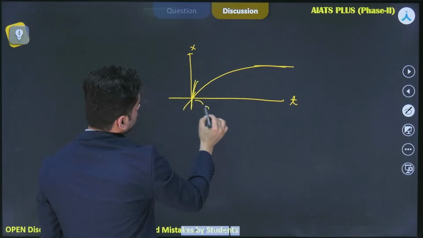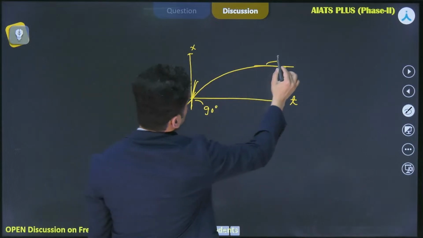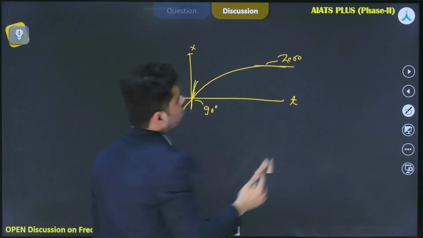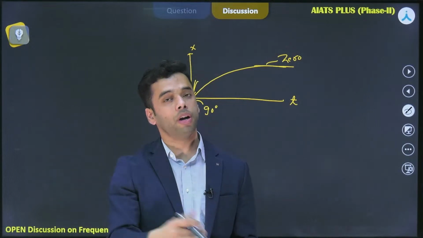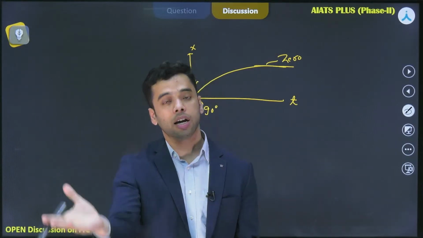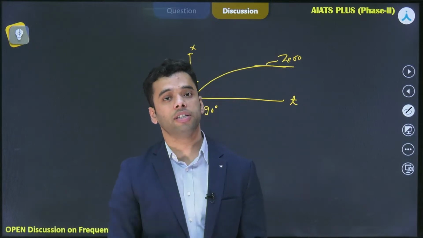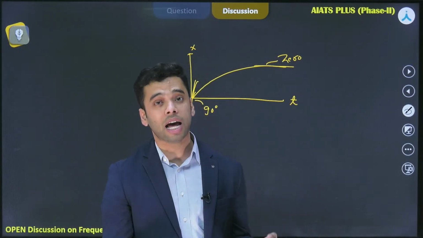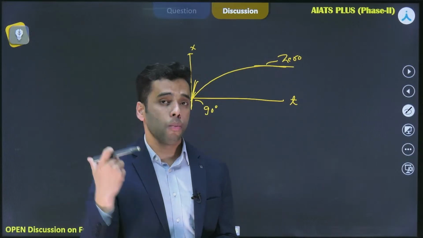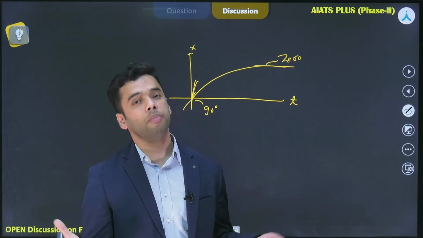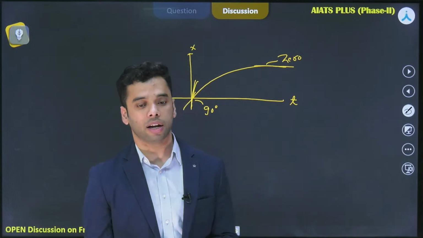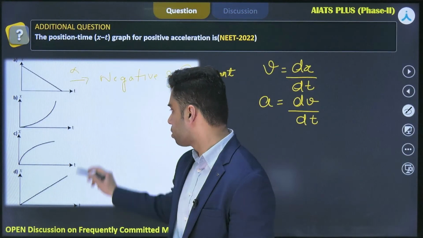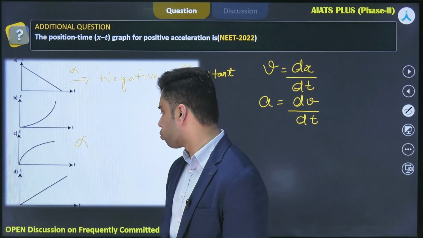So the slope is going from 90 to 0. From 90 to 0 means that the slope is decreasing, which means that velocity is decreasing, which means that it cannot be the case for positive acceleration. Had the problem asked about negative acceleration, this would have been the correct answer. So this is wrong.